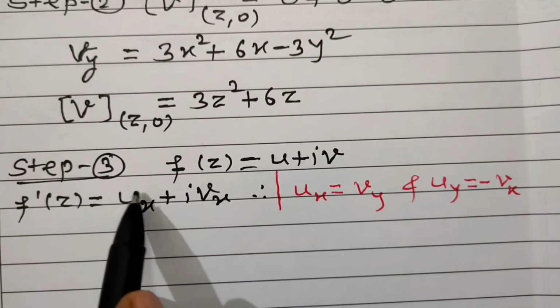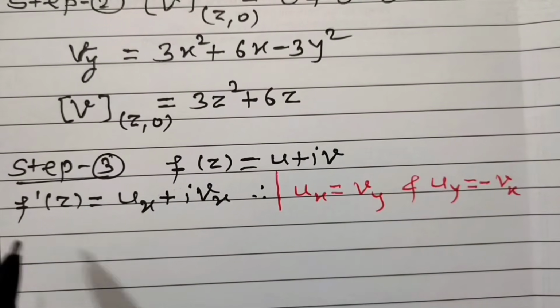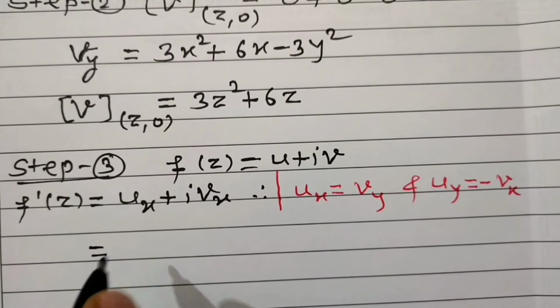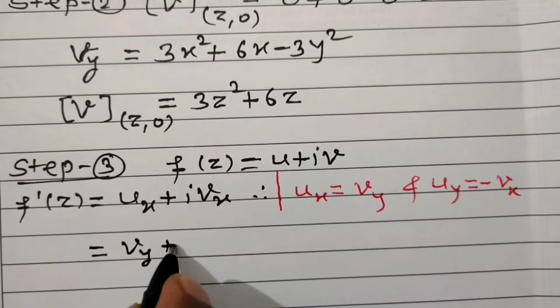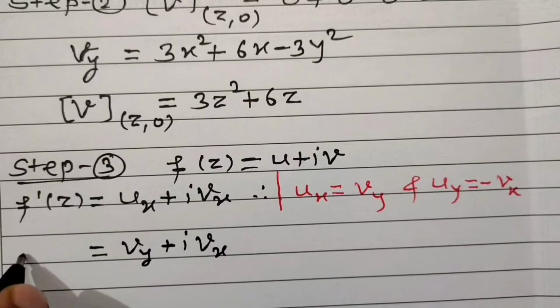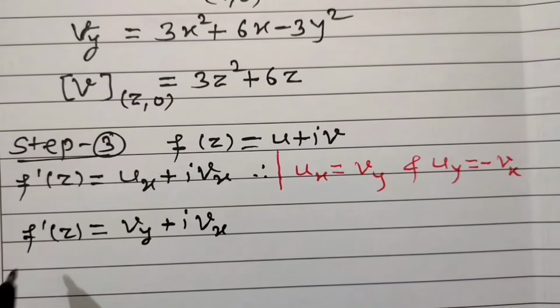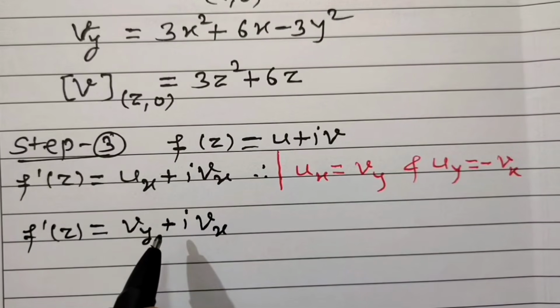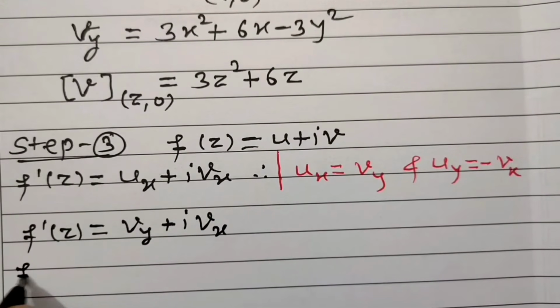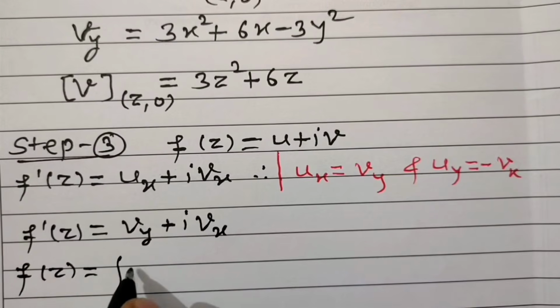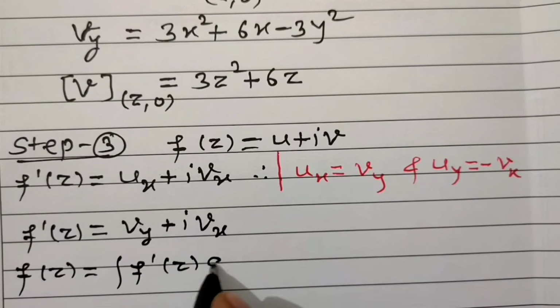We have to replace ux by vy. So f dash z is equal to vy plus i into vx. This is f dash z, but we have to find f of z. So integrate both sides of this with respect to z. F of z is equal to the integral of f dash z with respect to z.